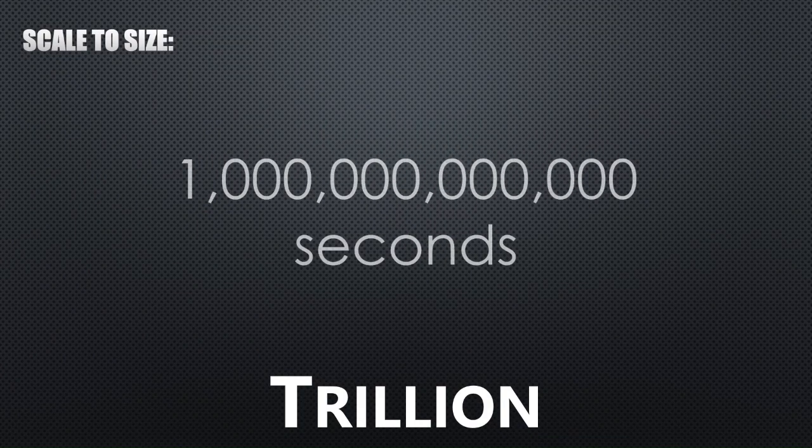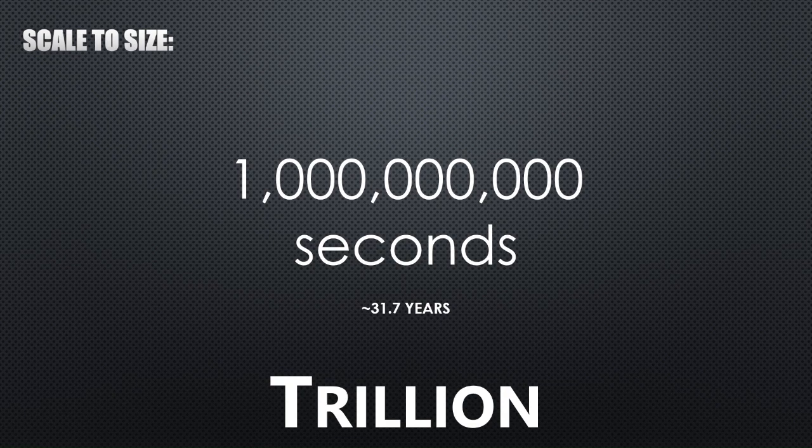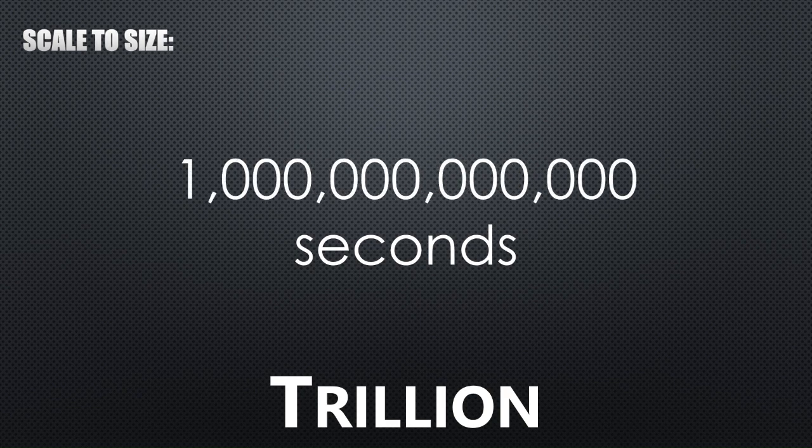How about a trillion seconds? Let's go from years to seconds, a little bit less. First, we need to understand that a billion seconds is approximately 31.7 years. 1,000 times that. What is that? Guess what? Approximately 31.7 millennia.